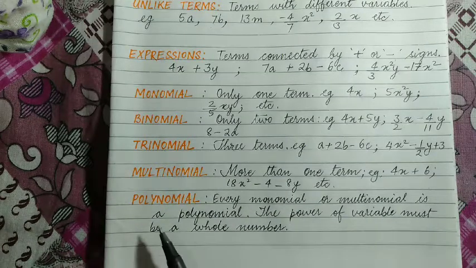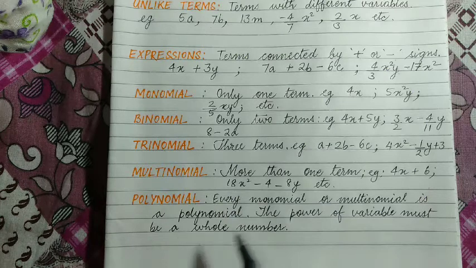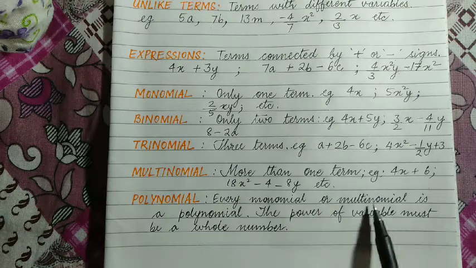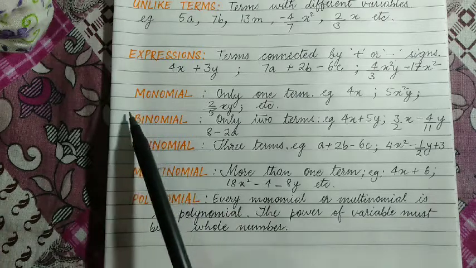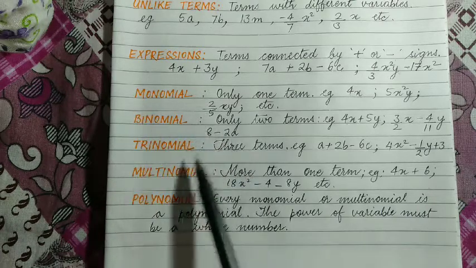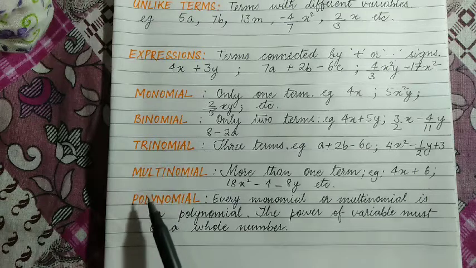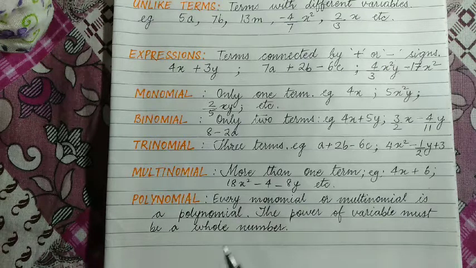Next one, polynomial. Every monomial or multinomial is a polynomial. Everything that we have been studying now, monomial, binomial, trinomial, multinomial, is a polynomial. The only thing you need to remember is that the power of the variables must be a whole number.